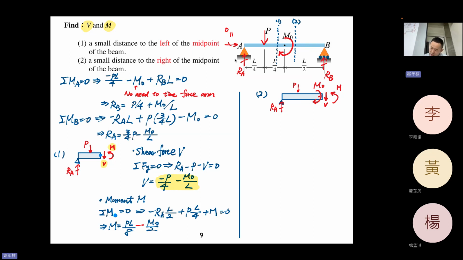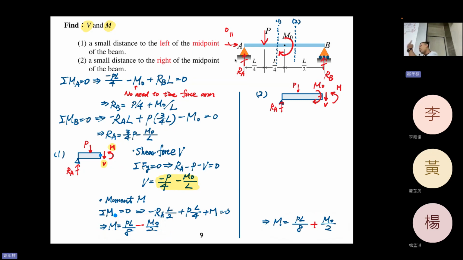I will give you a spoiler: your M will be equal to PL divided by 8 plus M0. I will finish all the calculation.